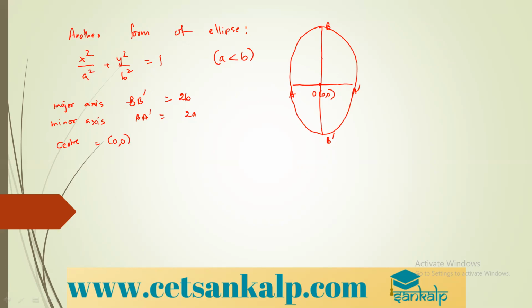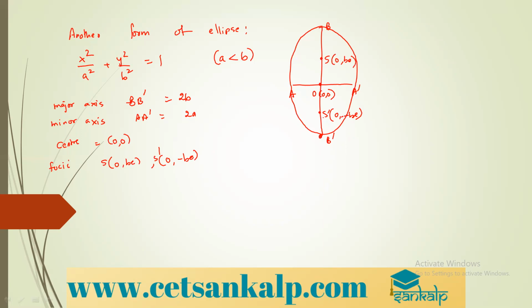This ellipse also has two foci, S and S dash, but the foci will be 0, BE and 0, minus BE.